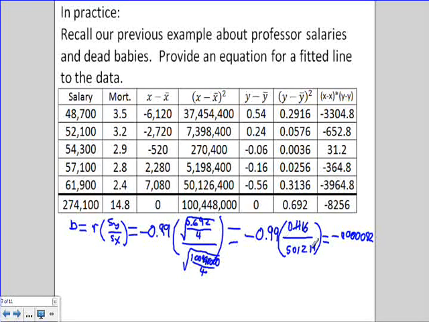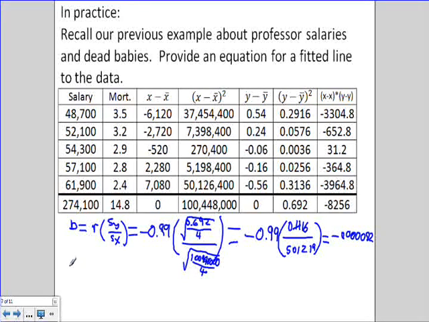This means that for each dollar increase in the salary, we can expect to see a 0.00082 decrease in mortality, or more efficiently, for every $1,000 increase, we'll see a 0.82 decrease in the infant mortality rate.